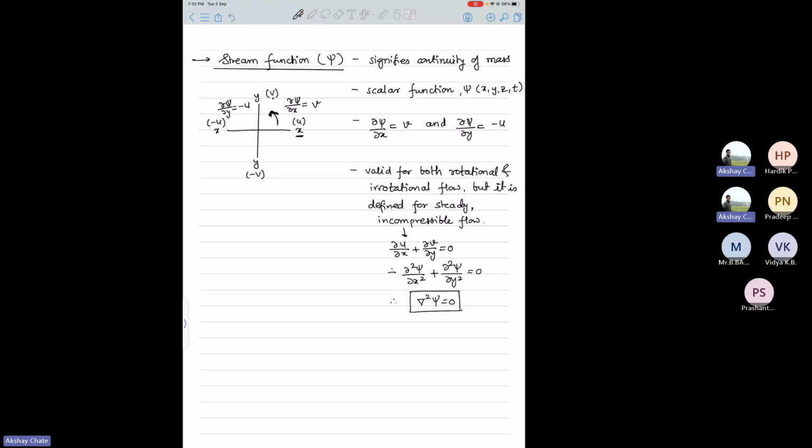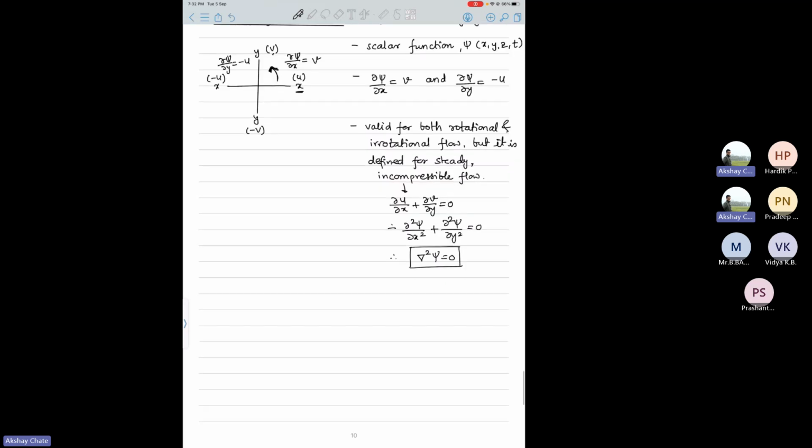Then there is one more important thing. We'll do double derivatives here.